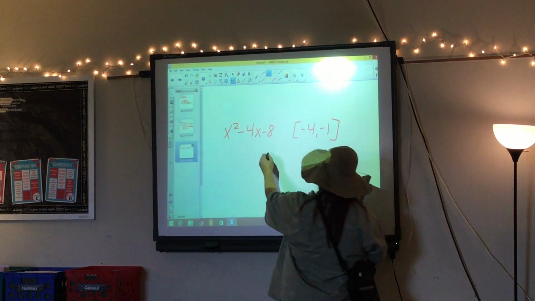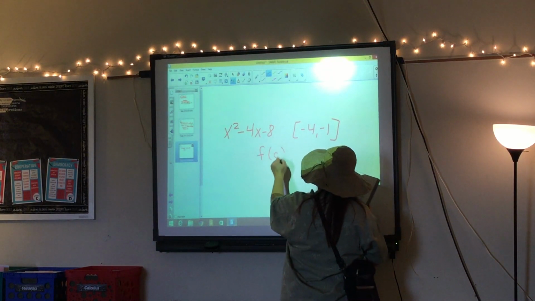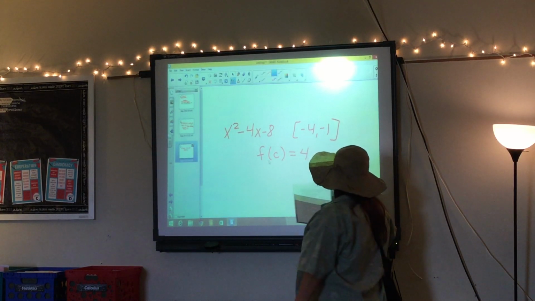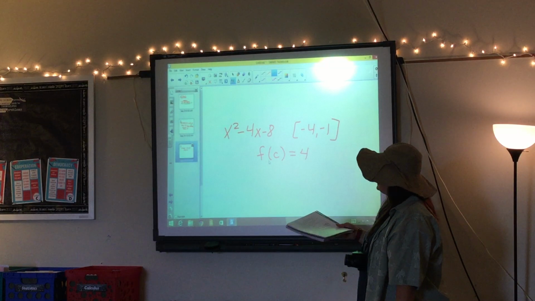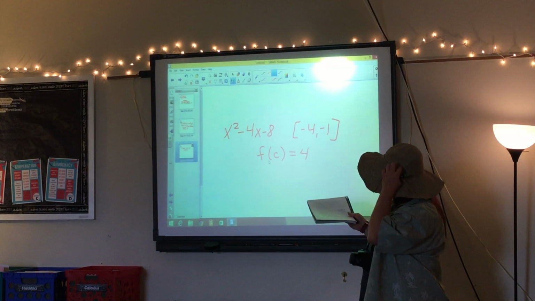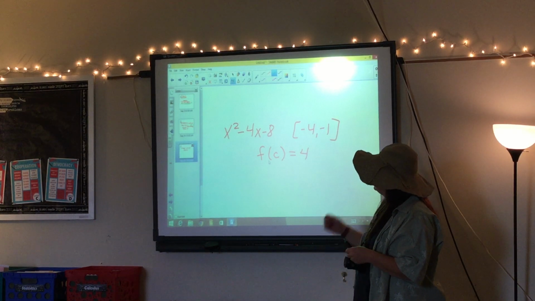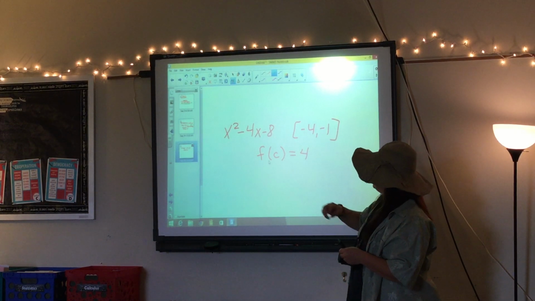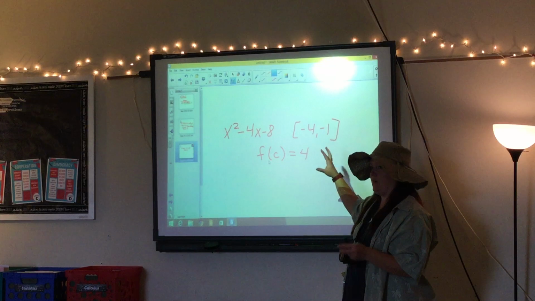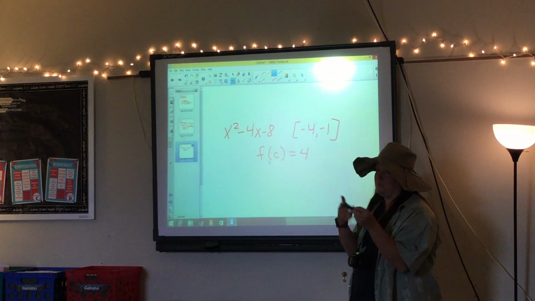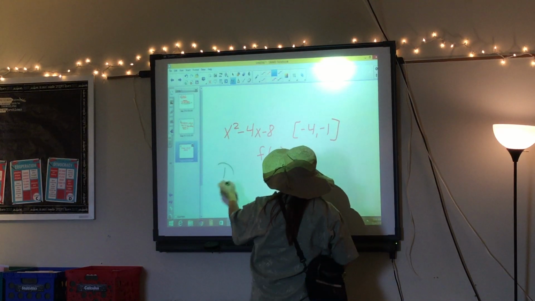And we want to see, does it guarantee that there is a c value that gives us 4? Well, first we have to decide whether f of c is in between f of a and f of b. Actually, first we have to decide, is it continuous? Yes.